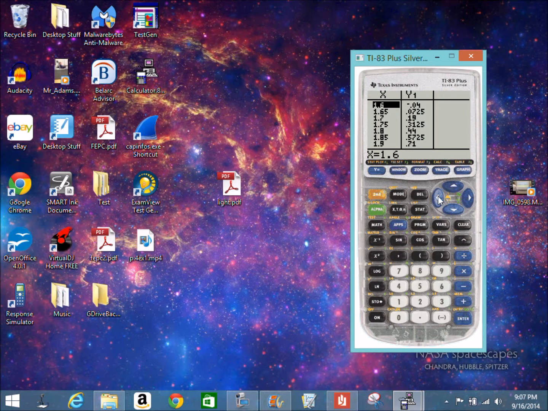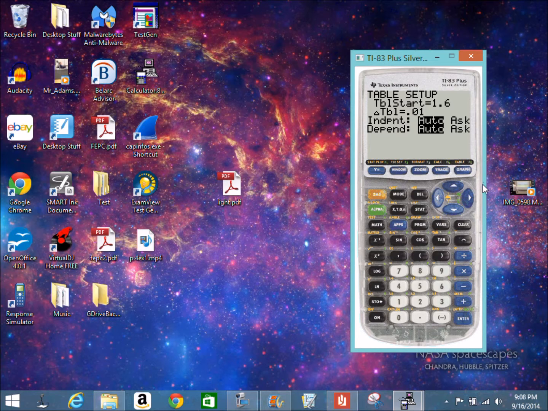Notice that from 1.6 to the x value of 1.65, it goes from a negative y value to a positive y value. That means my 0 is between 1.6 and 1.65.